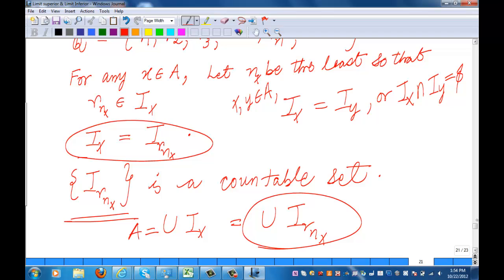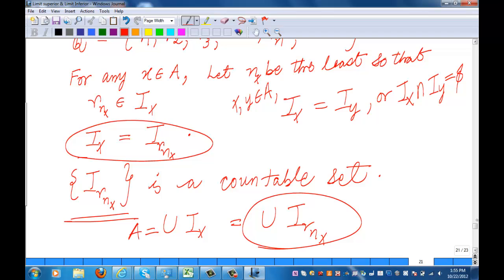Well, remember, if this is not a disjoint collection, then two of them must be the same. Then you would have to say that I_{r_x} must be equal to I_{r_something else}. But if they are equal, then what would that mean?